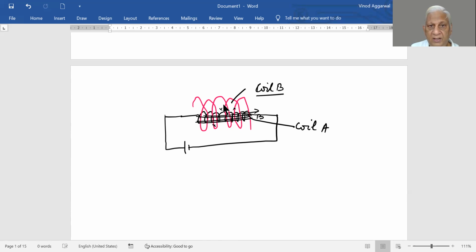on account of coil A, coil B will get induced current or induced EMF, but the flux through coil B will be limited to the flux of this. And what is the flux of this?